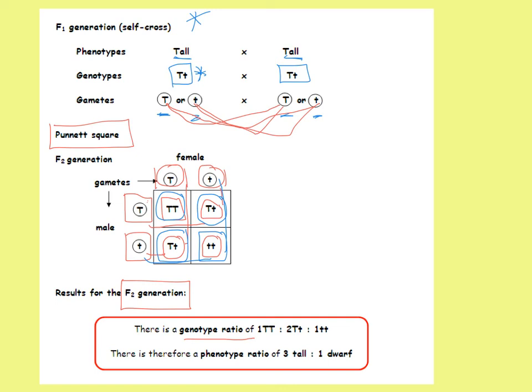If on the other hand we have a look at the phenotypes, the phenotype ratio, we find that this here is a tall individual, this also is a tall individual, and this one here is a tall individual. So we've got 3 tall, and this one here is a dwarf individual. 3 tall to 1 dwarf, and that's a standard monohybrid F2 generational cross where you get a 3:1 phenotype ratio.